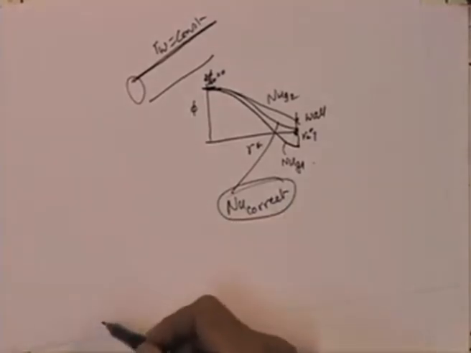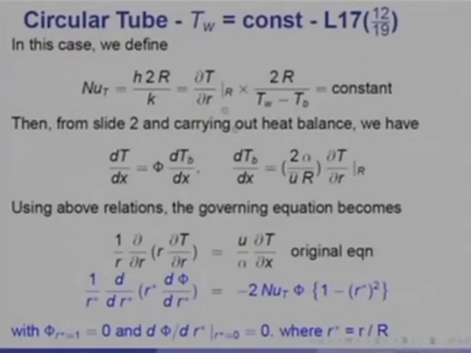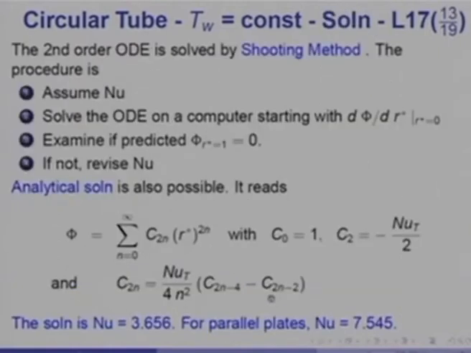This would be the correct value of Nu, and if you do that in this equation, you have to go on assuming a value of Nu_T and solve the equation, and you will see Nu_T turns out to be 3.656, or sometimes taken as simply 3.66. It is also possible to solve this equation analytically in a series form, and the solution has been given here, and again the value of Nu_T works out to be 3.656.